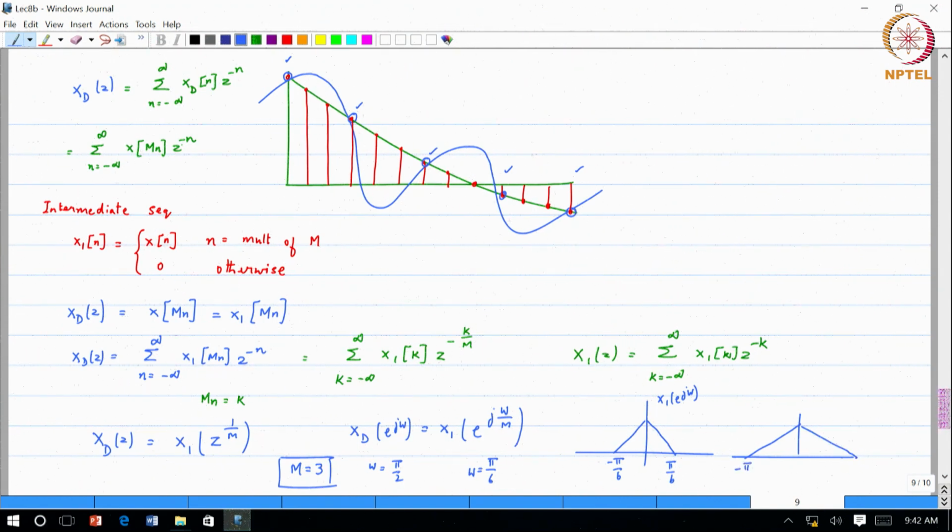It will go from minus π by 2 to π by 2. This will be Xd(e^jω). So basically, when I reduce the sampling rate, there is a stretching in frequency that is very important for us. It is linked to the stretching in frequency that I described at the start of the lecture.